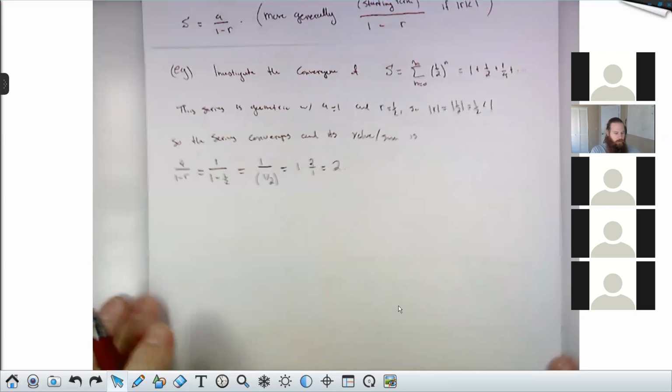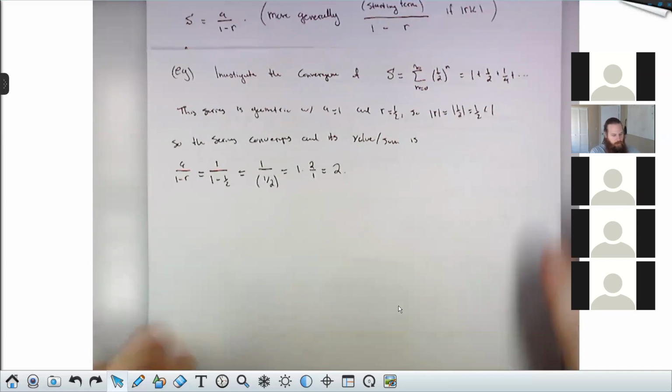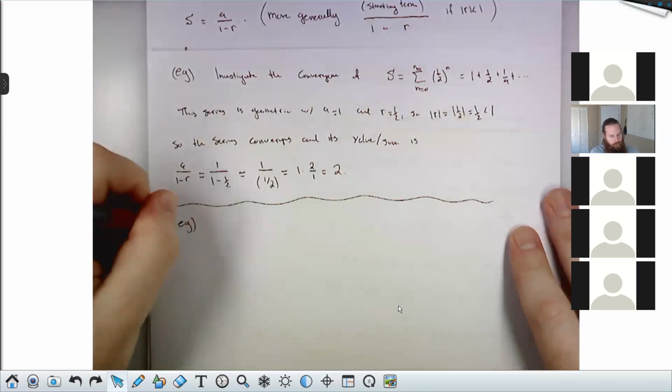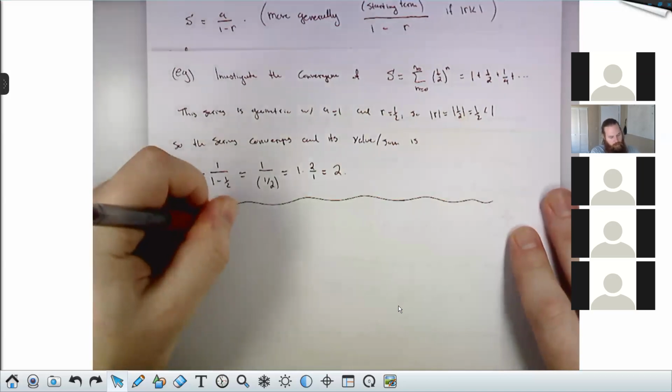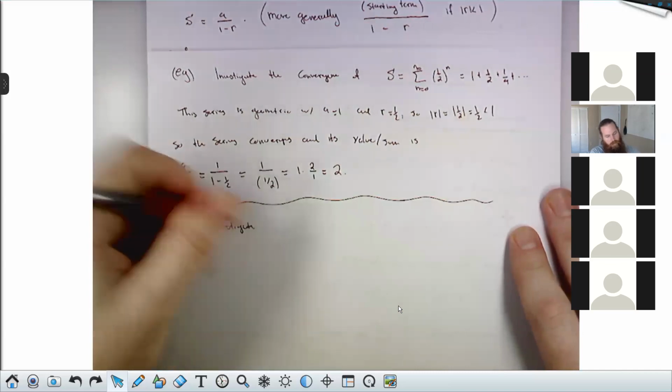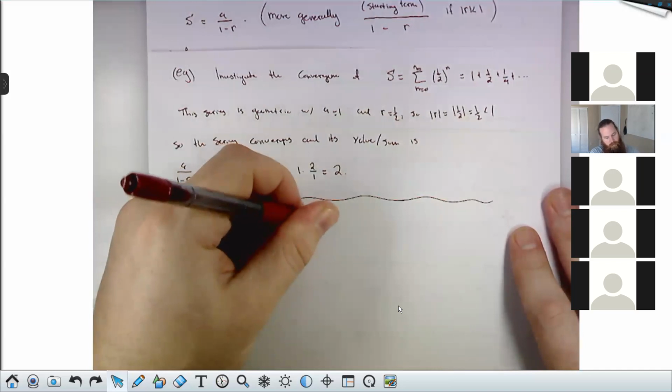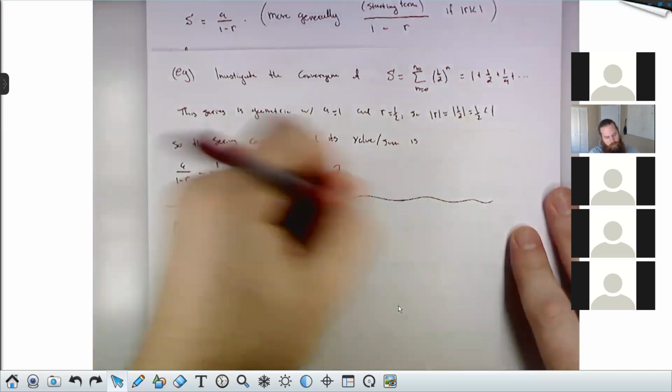So these are geometric series. Let's look at one more example of a geometric series, and then we're going to move on. Same thing, investigate the convergence of the series.